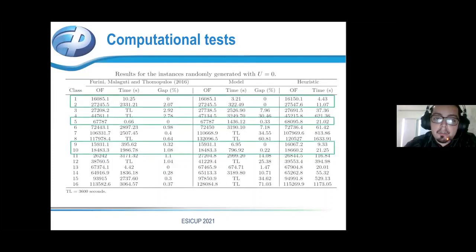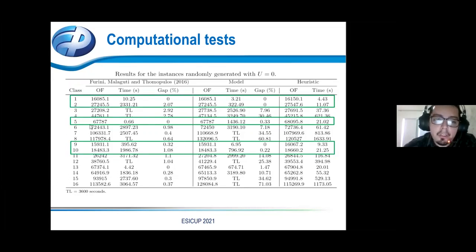These are the results comparing the model from Furini, our model, and the heuristic procedure. Highlighted here in green are the instances where our model was better in terms of time, was faster, but found the same solution as Furini.